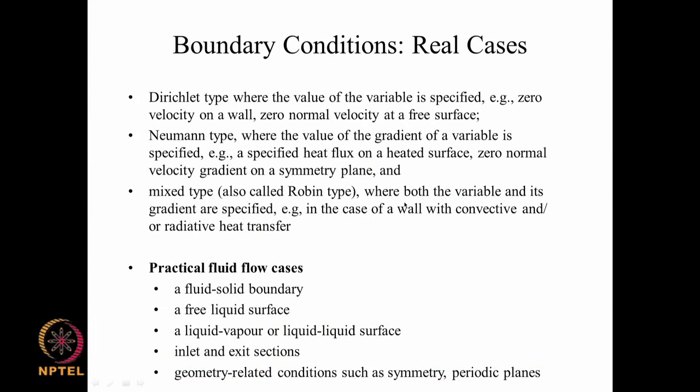And a mixed type, also called the Robin type, is where both the variable and its gradient are specified. For example, in the case of a wall with convective or radiative heat transfer.